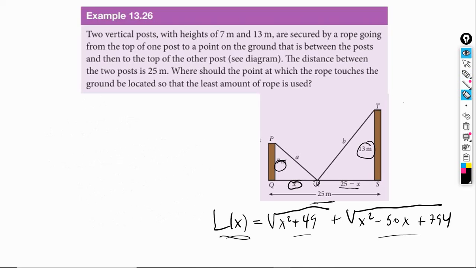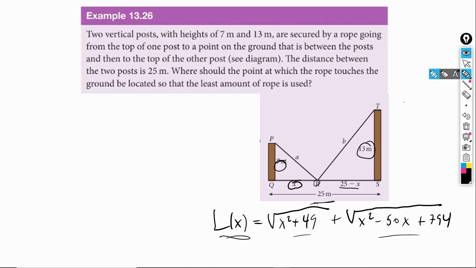Okay, so in order to find the derivative of that, remember that we have to do the chain rule and consider the square root as a power of 1/2.